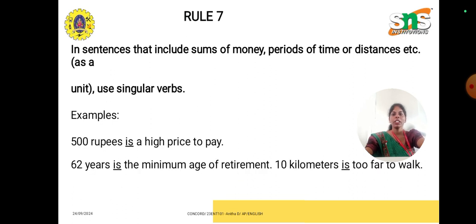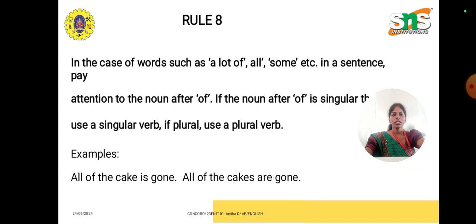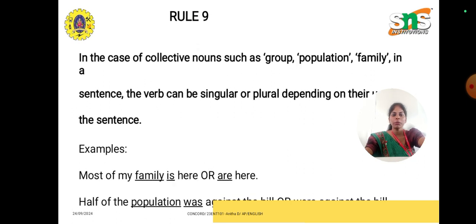Rule number seven, in a sentence that includes a sum of money, periods of time, or distance, etc., as a unit, it is singular form. So, rule number eight, in the case of words such as a lot of, all, some, etc., in a sentence, pay attention to the noun after of. If the noun after of is singular, then use a singular verb. If plural, use a plural verb.